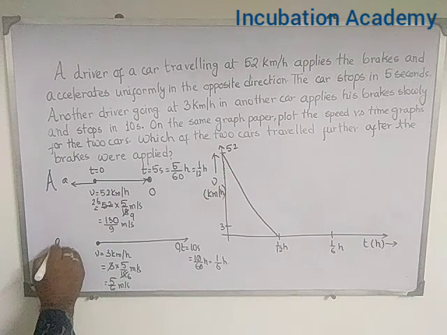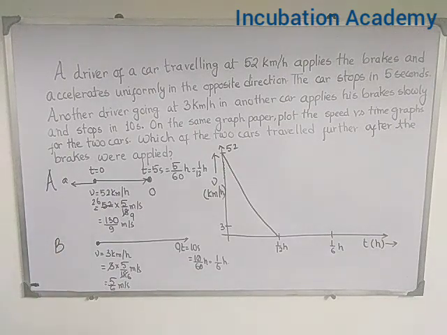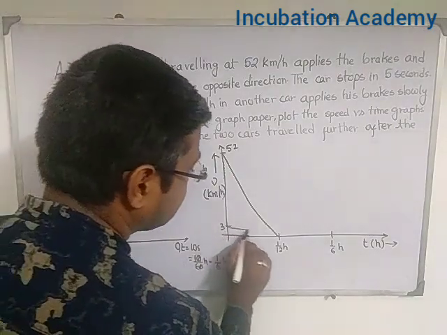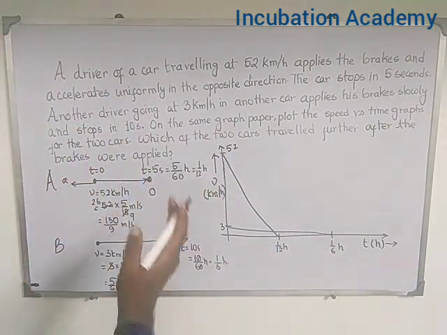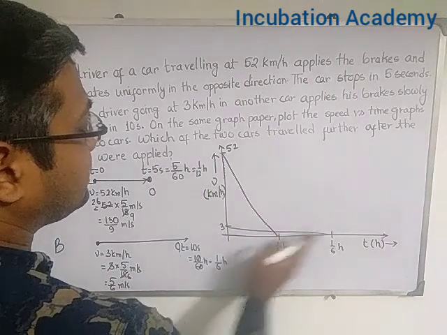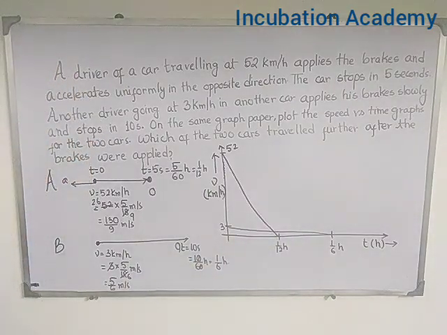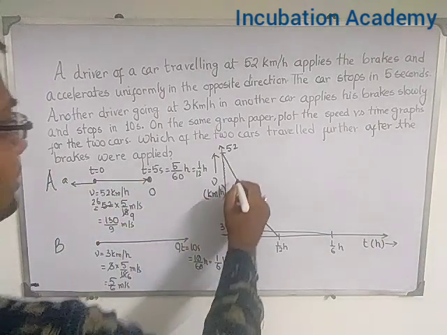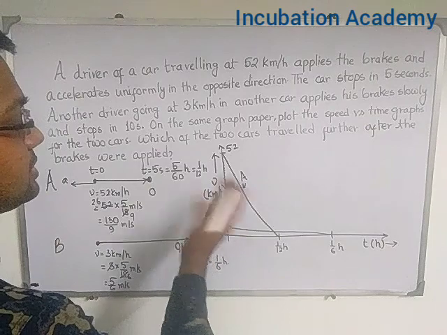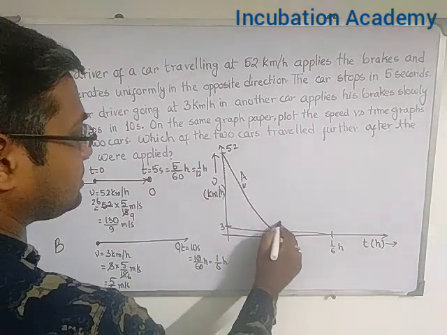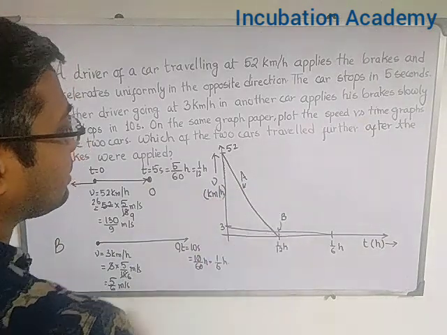And this is the case of car B, which applies the brake slowly, and from 3 km per hour it reaches 0 km per hour within this 1 by 6 hour or 10 seconds. So this curve represents car A, which decreases very rapidly since its speed is greater, and this curve represents car B.